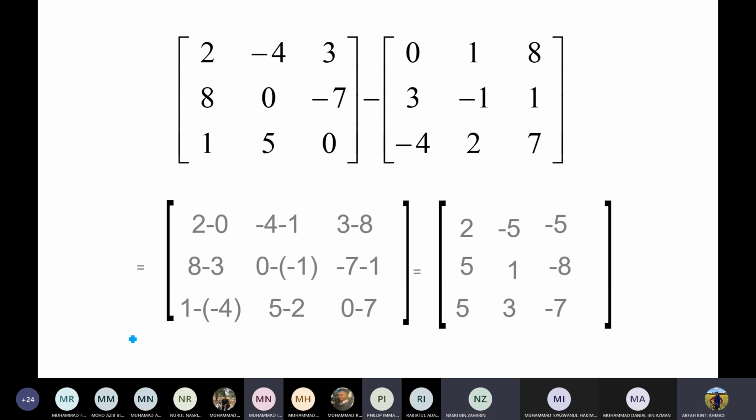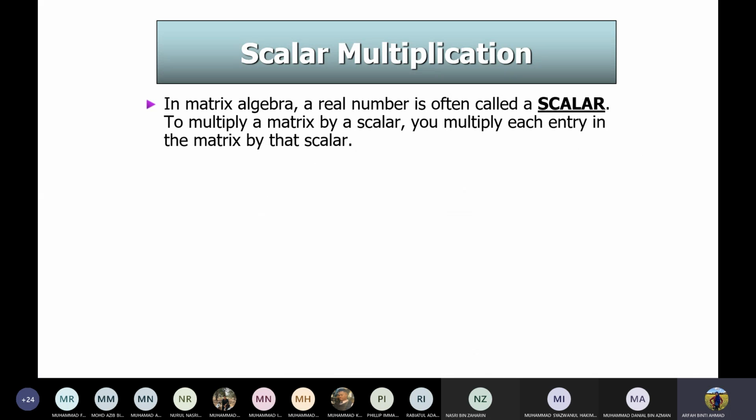Okay. So, this is about subtraction of the matrix, and then we take a look at scalar multiplication. Scalar multiplication maksudnya macam mana awak nak dapatkan satu matrix tu dengan satu nombor bulat, satu nombor skala. In matrix algebra, a real number is often called a scalar.